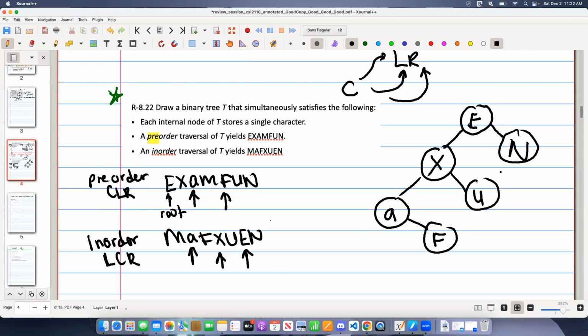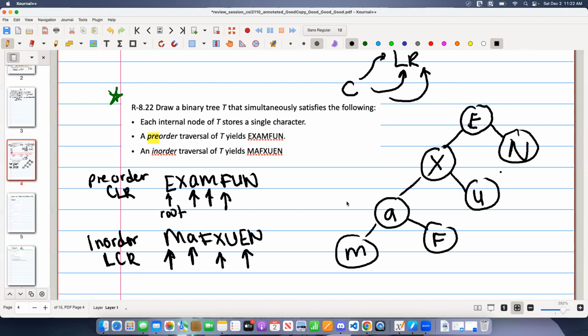You have now M, which is going to be towards the left of A. Okay, you see here, we're now at M, and you can see we've ended it. I think we've written all the nodes. We have M, F, A, X, U, N, E, perfect. You will have enough time during your exam to check through it.